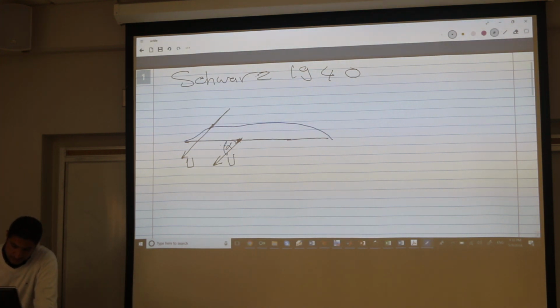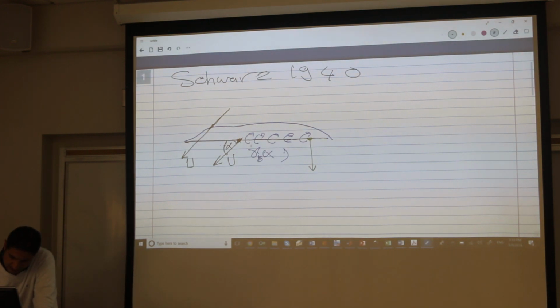From our thin airfoil theory before, we assume a circulation distribution, right? Gamma bound of x, and we compute the velocity here at some point.